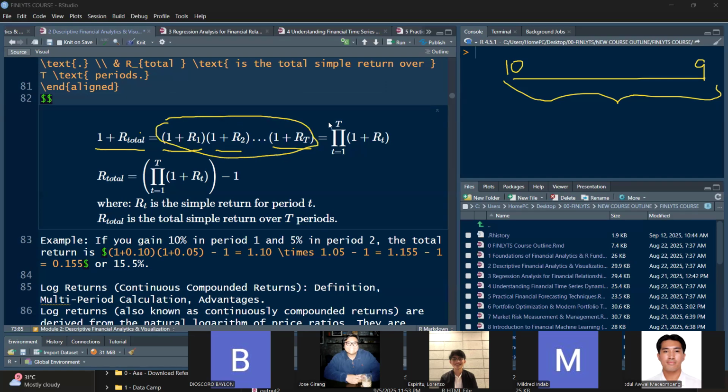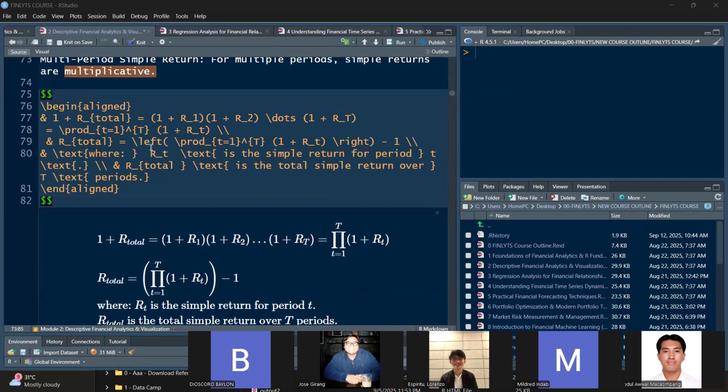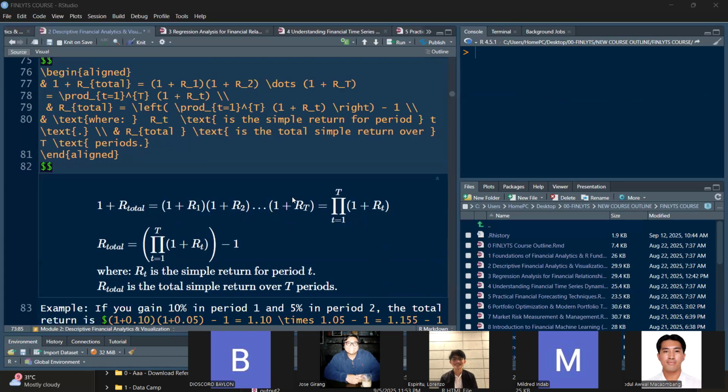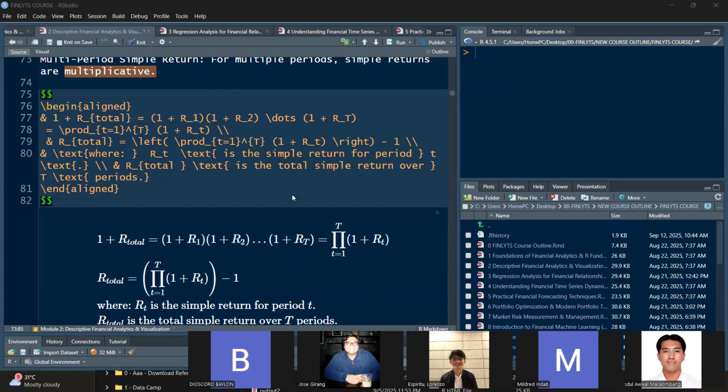And this can be expressed as the product, pi. You know the sigma, right? Sigma means addition. Product is this one, pi. So if we have a quick review of the LaTeX, take a look at this, class.